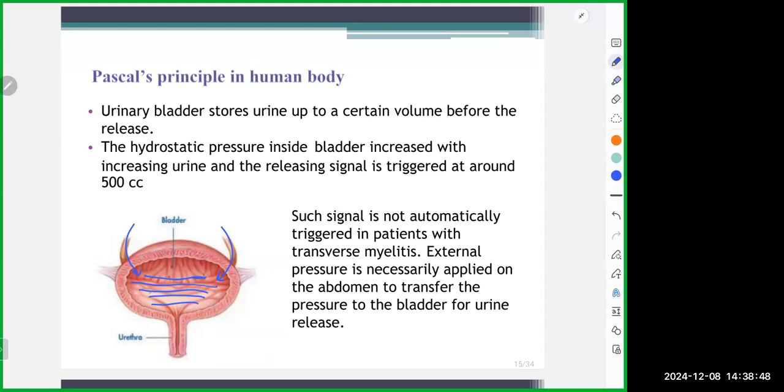When the bladder contains urine at some level here, the pressure here you can calculate from the gauge pressure P equals rho g h. It would be higher as a function of the height. The higher the level of the urine, the higher the gauge pressure, and you would feel that you have to pee. That's it.